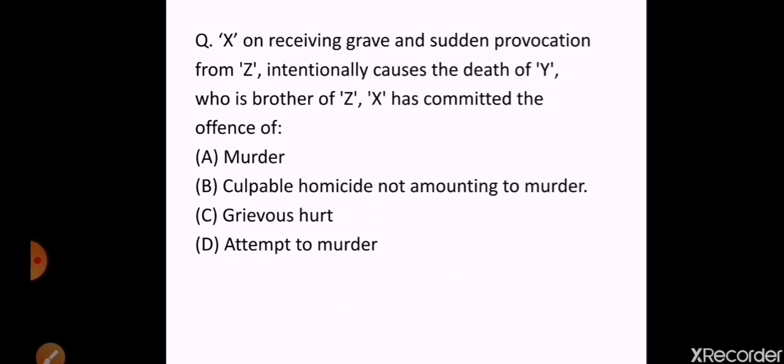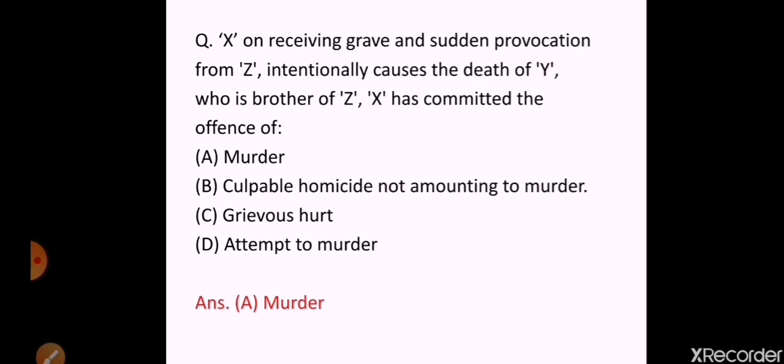X, on receiving grave and sudden provocation from Z, intentionally caused death of Y, who is brother of Z. X has committed the offence of: A, murder; B, culpable homicide not amounting to murder; C, grievous hurt; D, attempt to murder. The correct answer is option A, murder.